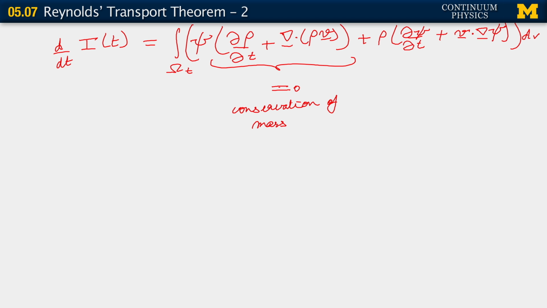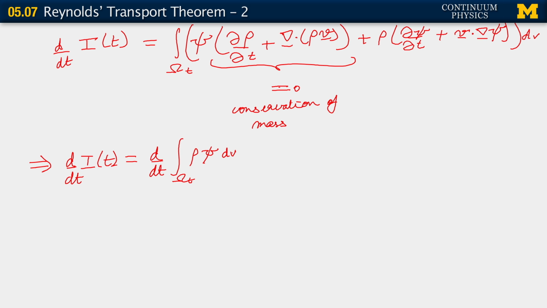All right? And so we see that when we have this quantity psi that's defined per unit mass, then when we consider the time rate of this integral I, which we defined on the previous slide, this implies that d/dt of I(t), which is d/dt of the integral over omega t of rho psi dv.